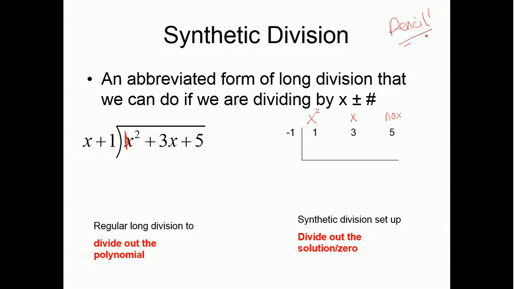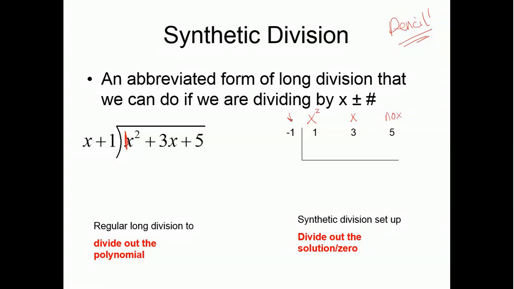So make sure you write. I'm going to list each column starting with my biggest power, which is x squared. So I'm going to put an x squared there, then an x, and then a no x. Then I'm going to list the numbers that go with those terms. The 1 is with the x squared, so I'm going to put a 1 there. The 3 is with an x, so I'm going to put a 3 there, and 5 has no x, so I'm going to put it there.